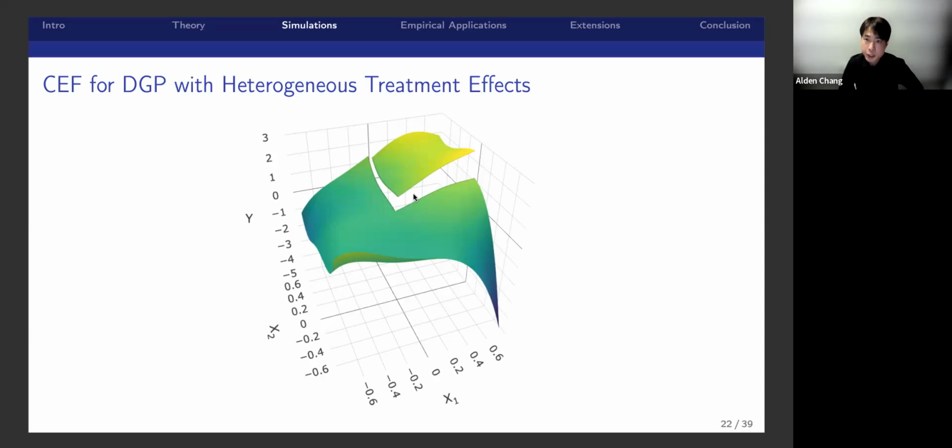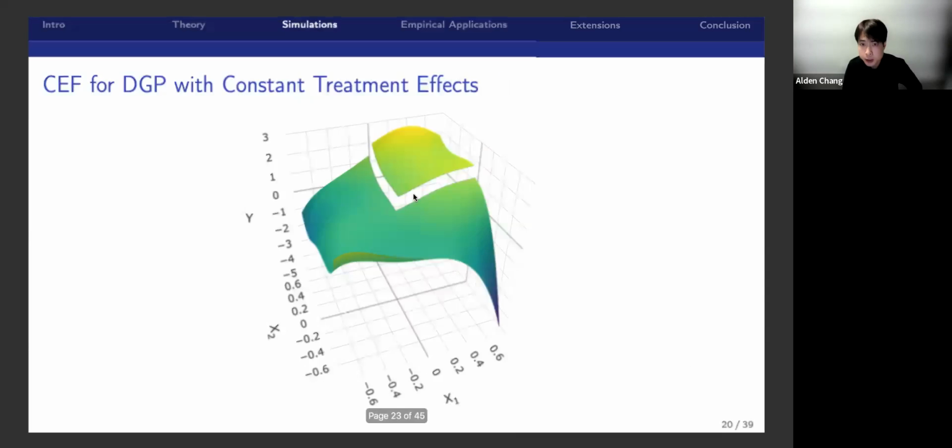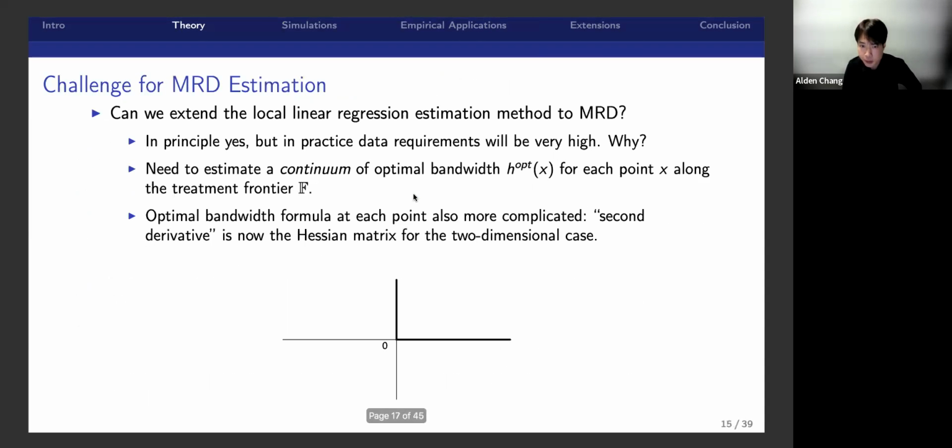So I did mention earlier that single dimensional methods are not suitable for estimating heterogeneous treatment effects. But for these simulations, I forced them to estimate heterogeneous treatment effects by using thin slices of the data. To describe exactly how I do this, suppose that we are interested in estimating the treatment effects at this single point that my cursor is at, where X1 is 0 and X2 is equal to this positive value.